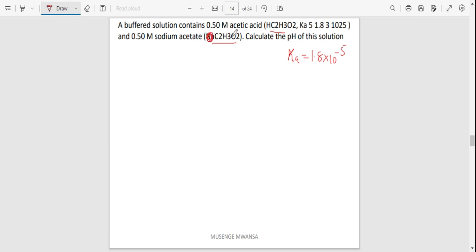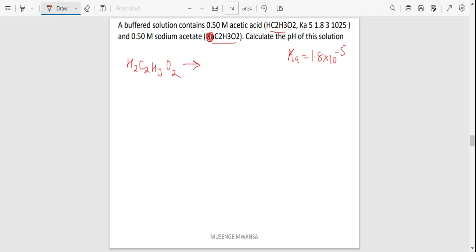If I remove the sodium, I'm going to have C2H3O2 with a minus sign, because the sodium is just there to neutralize that sign. So basically what is happening is when we have the acid, HC2H3O2, it is dissociating, and what are we forming?